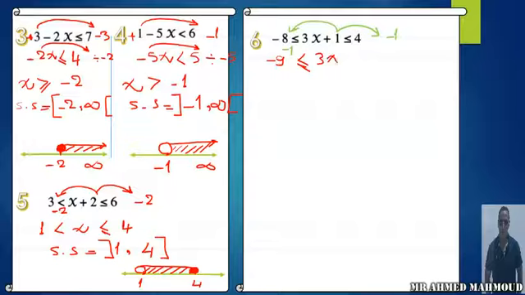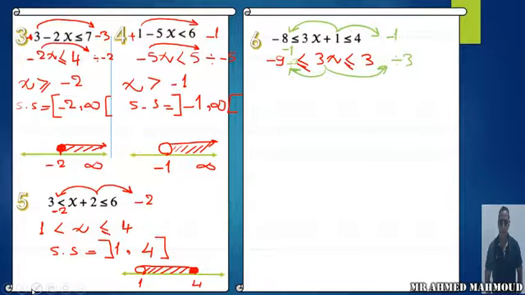and here we have 3x less than or equal 3. Now I'm going to send 3x to the other side. It will be here divided by 3, and here also divided by 3.